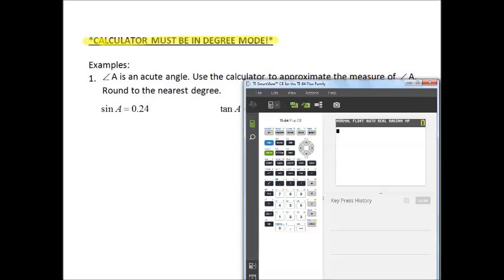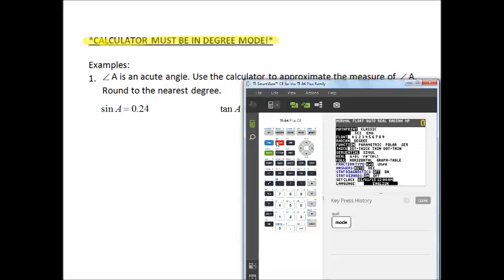We have to go into mode, and when we go mode, we can see to the fourth place down here we have something named radian. That's actually highlighted right now, and that's not what we want. We want degree to be highlighted. So go over to the right, press enter, and now degree is highlighted and the calculator is in degree mode.